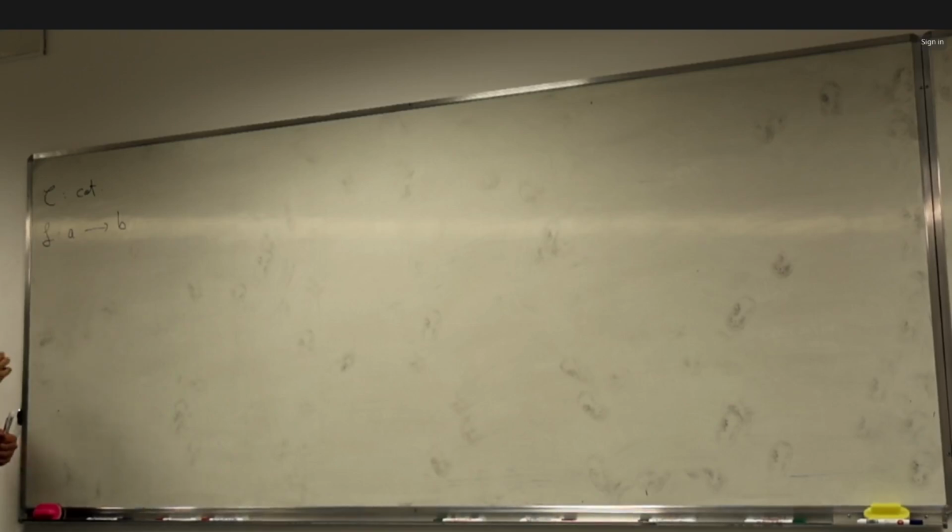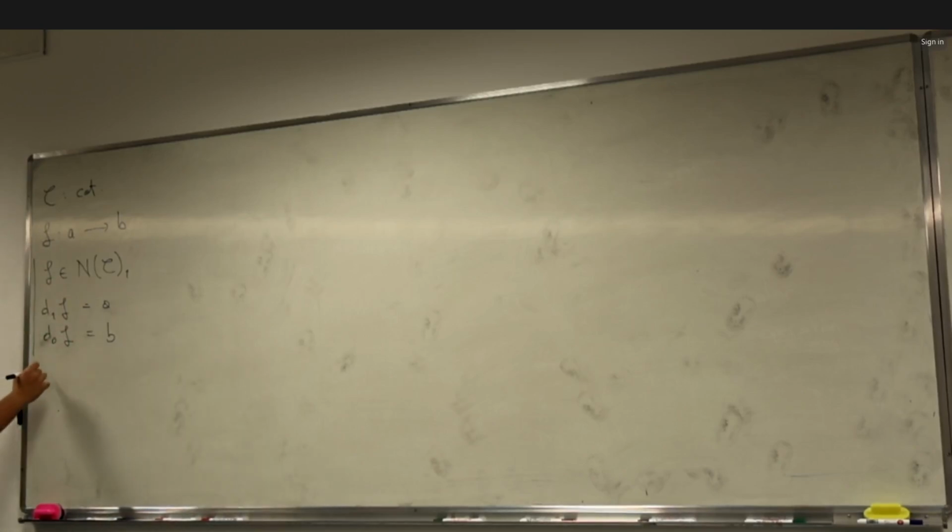You would say f is a one-simplex, and d1 f is A, which is the source, and d0 f is B. So this is how you record it in the nerve. And then higher simplices use composition, etc.